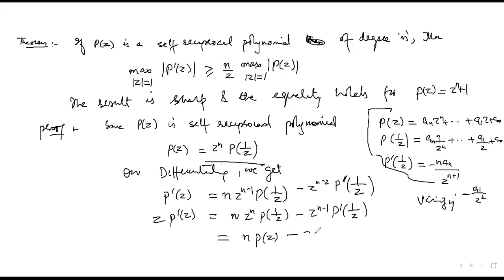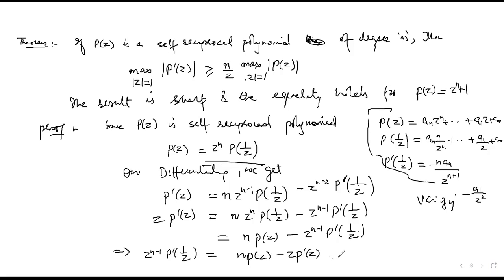So we get minus z raised power n minus 1 p dash of 1 by z, which implies that z raised power n minus 1 into p dash of 1 by z is equal to, taking this over there, n times p of z minus z into p dash z.